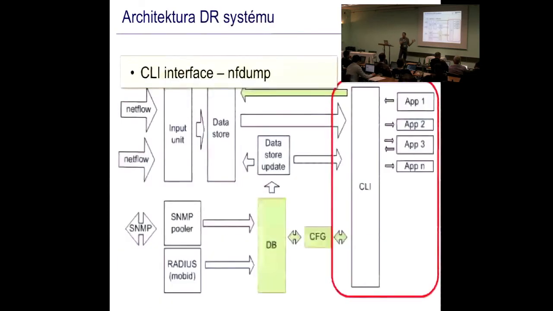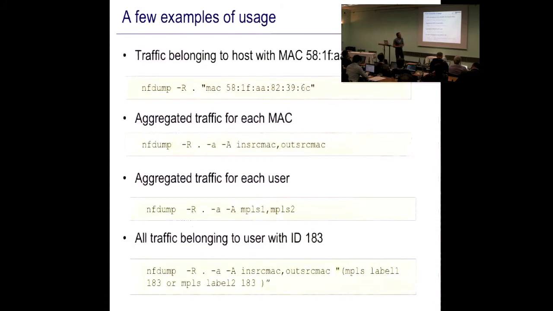What is great with all of this is that we can use all the power that NFDump has for querying data: all aggregation, filtration, top-N statistics, etc. We don't have to develop our own tool. We can use a tool that is already here, that everybody knows how to use, and we don't have any extra effort with that.